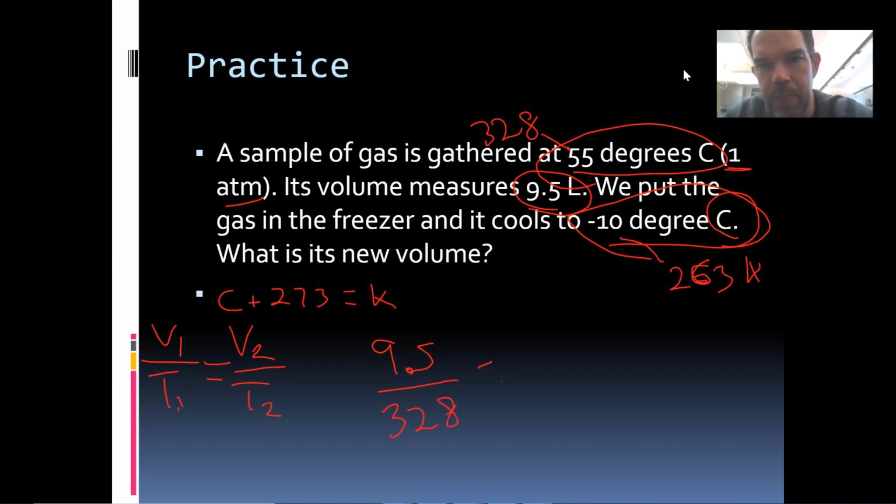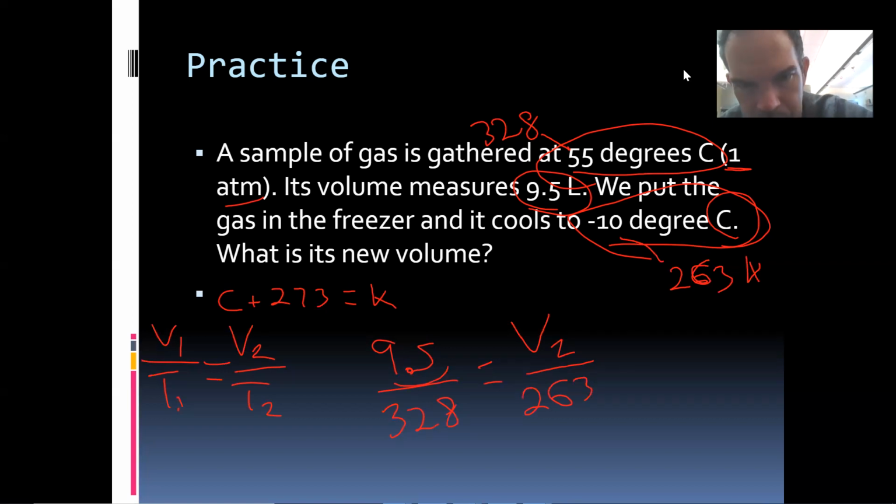That is going to equal, in this case, we don't know V2 still, so we'll solve for that, and then it's 263 on the bottom. So what's the new volume?